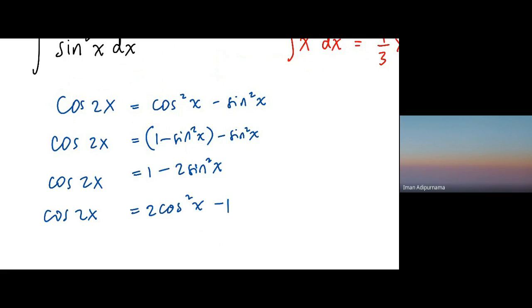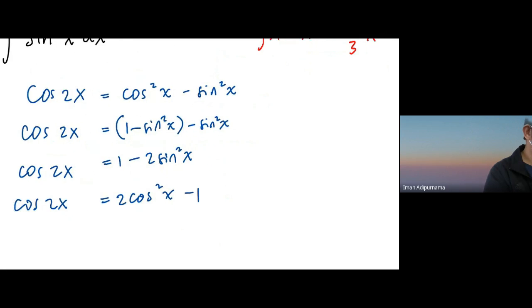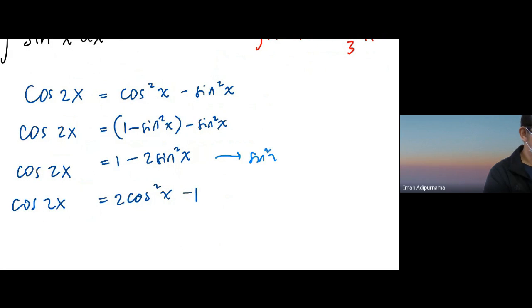So it's better to exchange the sine squared into the cos 2x, because you can integrate cos 2x easily, right? So the sine squared will be half of 1 minus cos 2x.